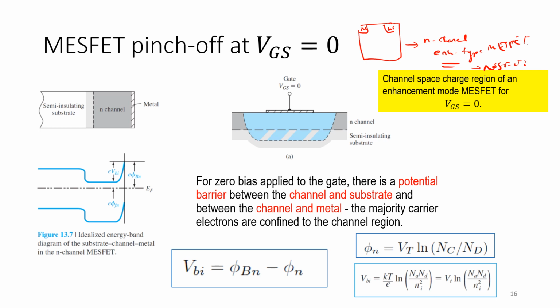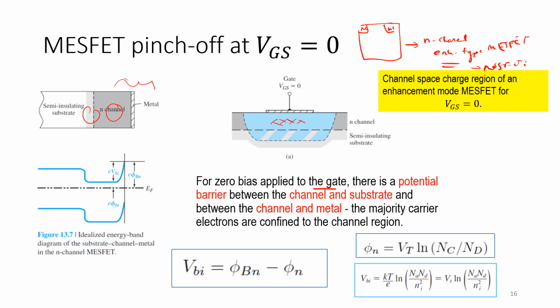For zero bias voltage applied to the gate, there is a potential barrier between the channel and the substrate, and also a potential barrier between the channel and the metal. So the majority carrier electrons are confined in the channel region.